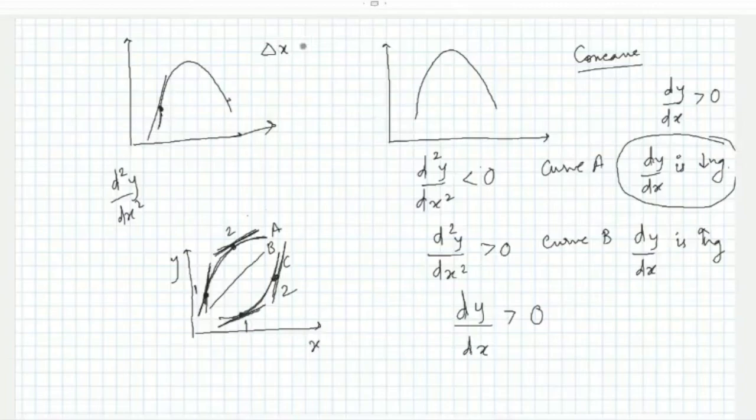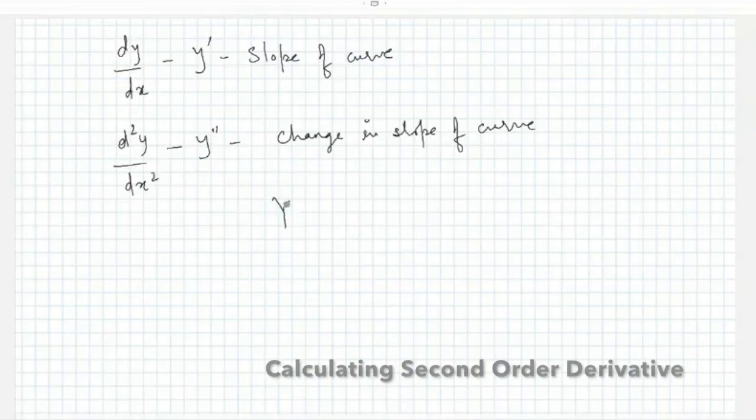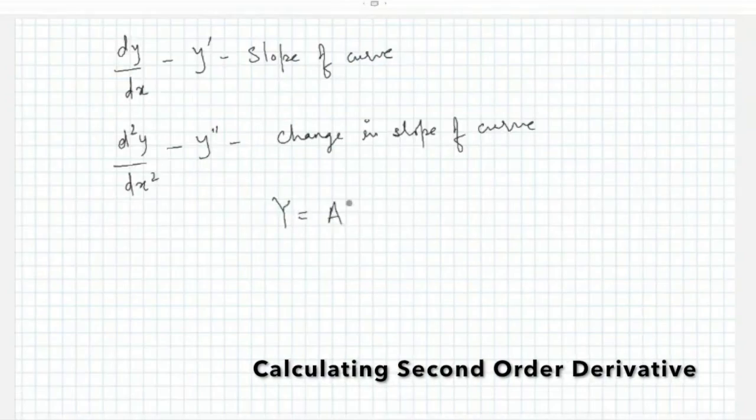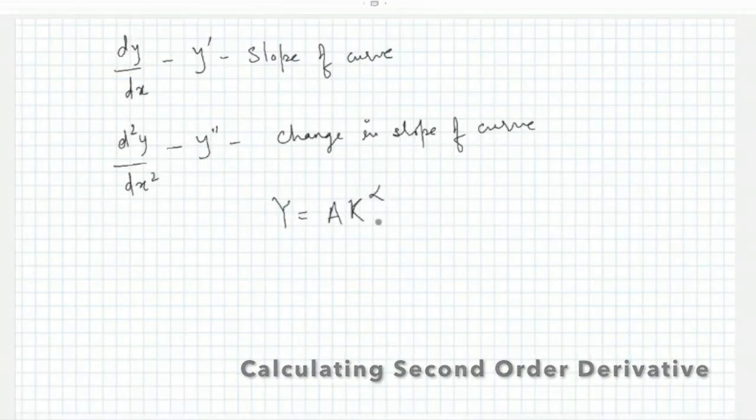For a unit change in x, the change in y is given by dy by dx. For a unit change in x, the change in dy by dx is given by d square y by dx square.